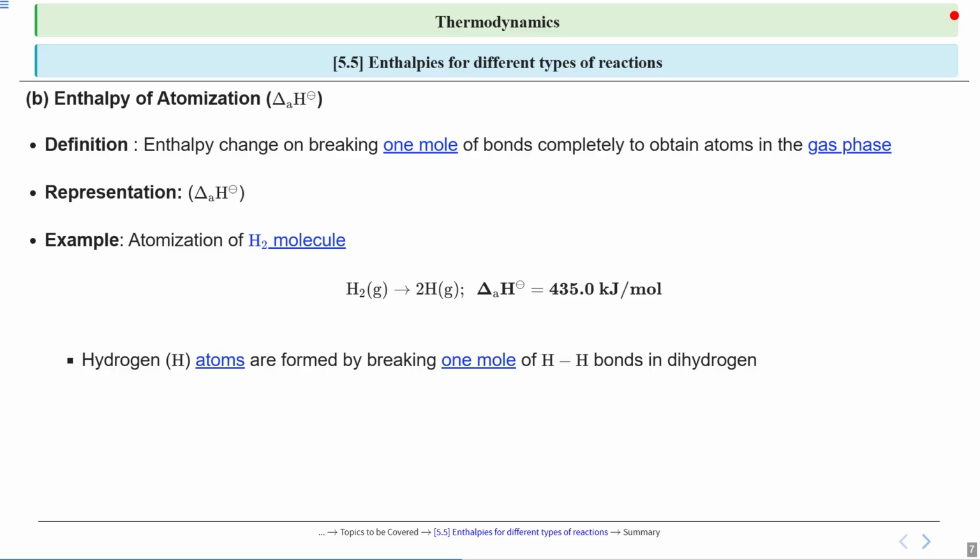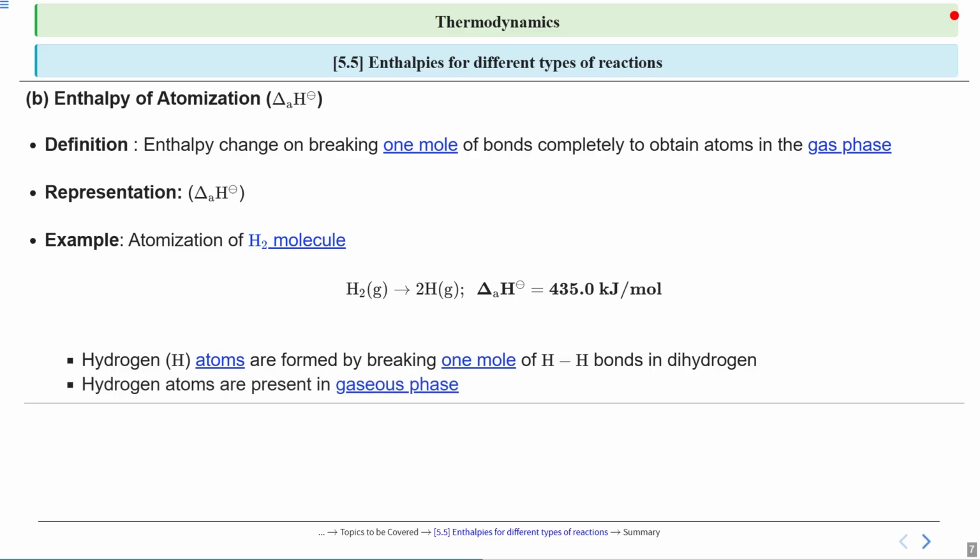So the true definition should be that it is the energy required to break 1 mole of a diatomic molecule, and we are unaware of the type of bond. So let us specify this reaction with the help of the definition that we have. The first thing is already verified, that we are breaking 1 mole of bond.